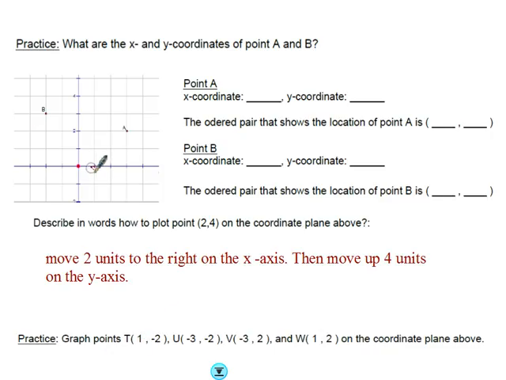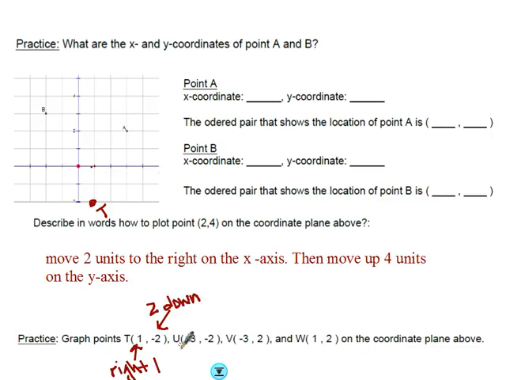X is positive 1 here, and it's negative 2 for the y-coordinate, so you're going to move down 2. And your point would be right here. That's point T. The 1 means right 1, and the negative 2 means 2 down.